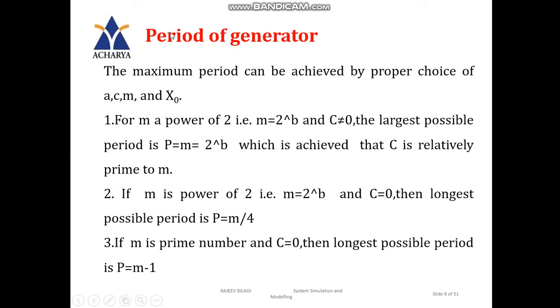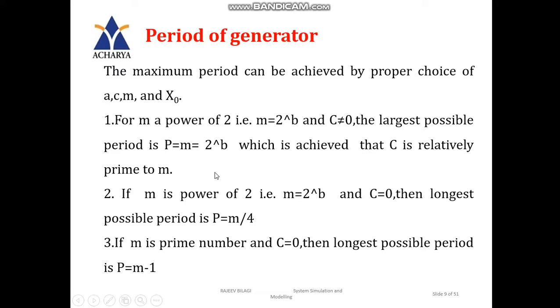That is what we are going to talk about: the period of the generator. Maximum period can be achieved by proper choice of a, c, m, and x naught. With the same linear congruential method, we can generate different sets of random numbers wherein the numbers are not repeated quite early or quite frequently.